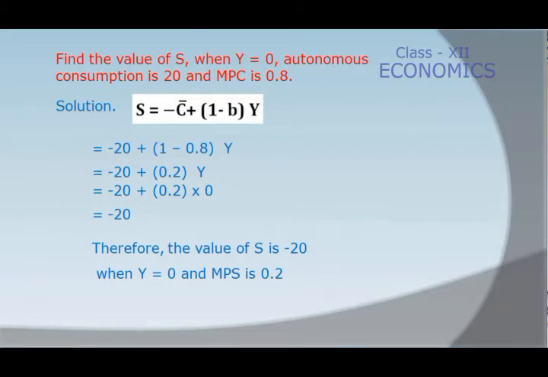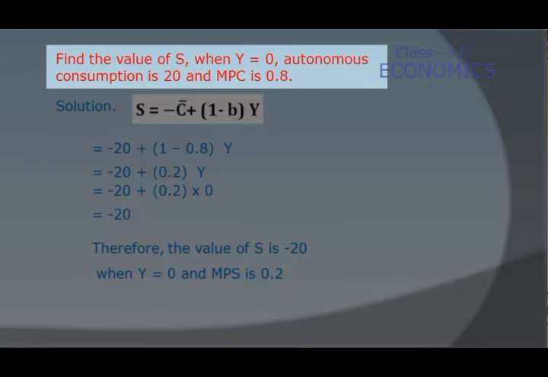Look at the sum given here. Here we will find the value of S when Y is equal to 0 and C bar is equal to 20, and the value of MPC is 0.8.